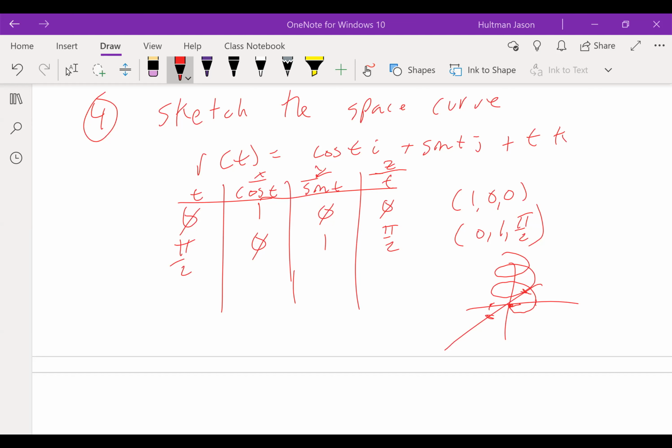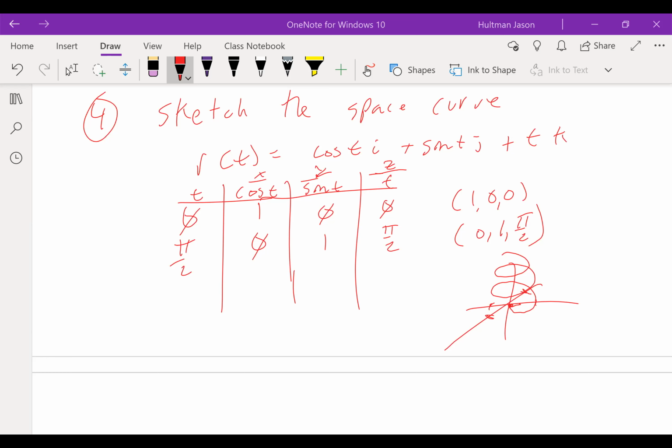I'm trying to do the touch screen. Let's use the mouse. Oh, there we go. Perfect. Yeah, it just wants the mouse. So there we go. Boom. Starts there, and it spirals up. Ooh, just like a slide.